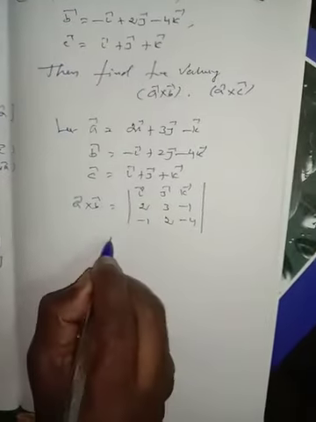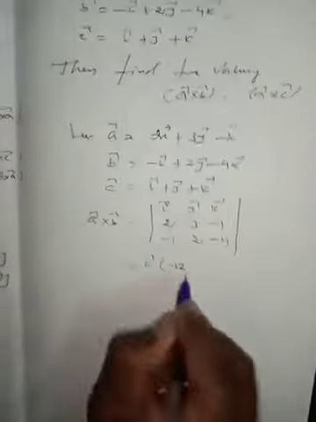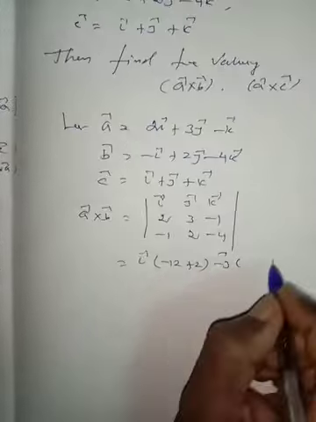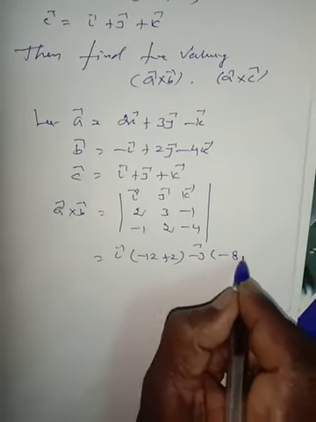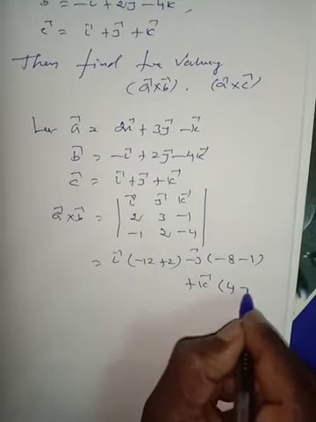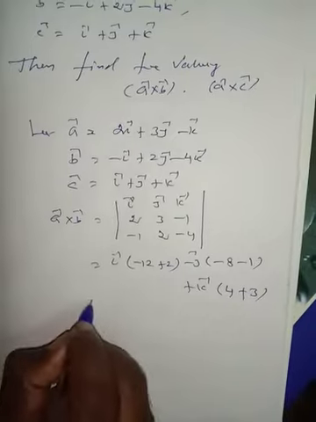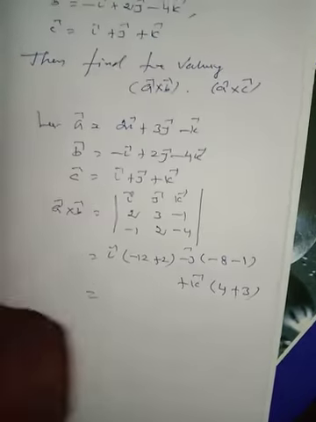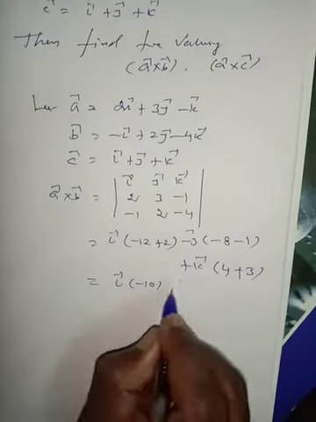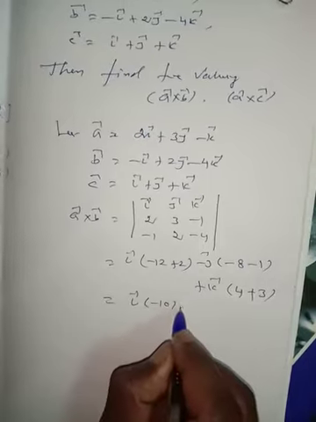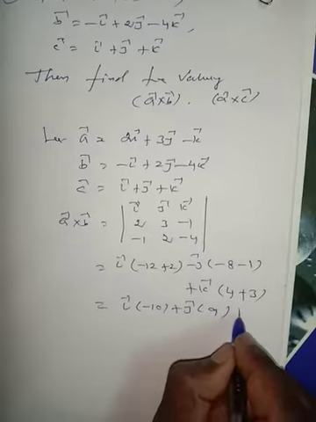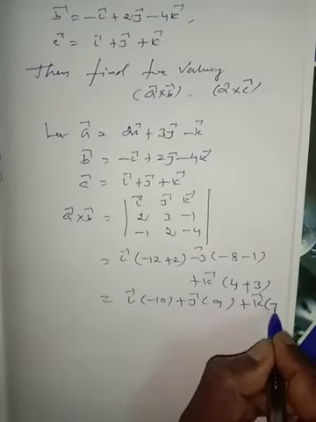Expanding this, I vector into minus 12 plus 2, minus J vector into minus 8 minus 1, plus K vector into 4 plus 3, is equal to I vector into minus 10, minus J vector into minus 9, plus K vector into 7.